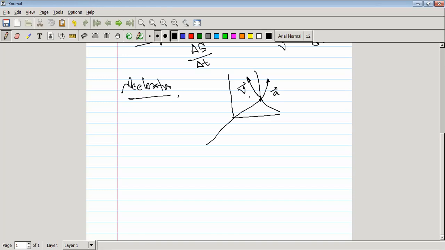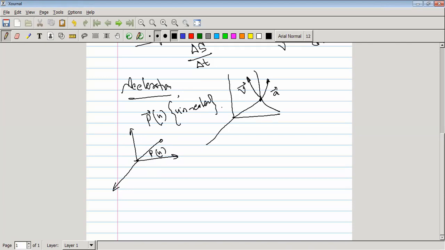Now suppose we consider a vector p, where u is a scalar. Remember, u is a scalar, meaning only magnitude.